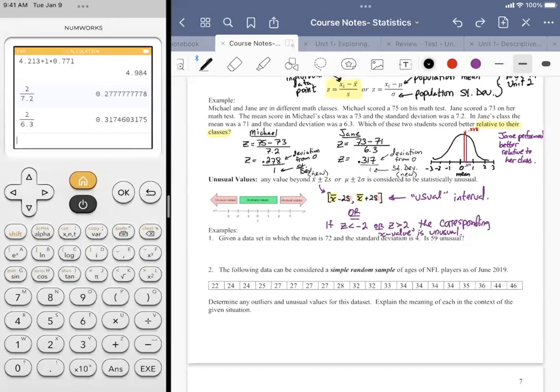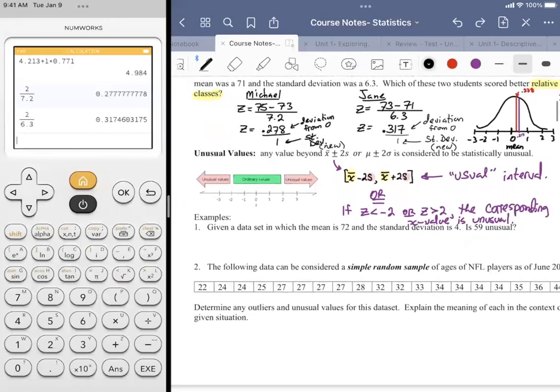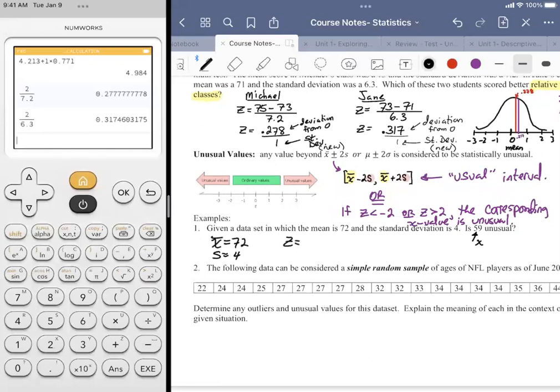All right. So I have the mean 72. I have the sample standard deviation of 4, and I have an X value. So I'm going to compute Z equals X minus X bar over S, which in turn gives me 59 minus 72 over 4.